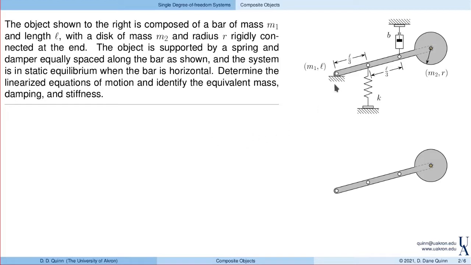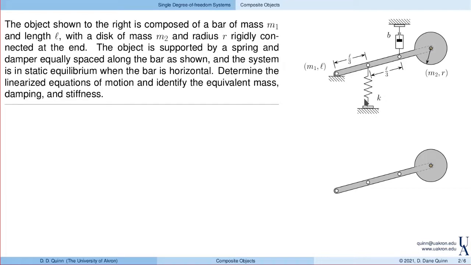Ultimately, I'm going to linearize the equations of motion here. So when I do that, it actually is the same as if I were to rigidly fix the end of this spring and this damper to the ground so that they started off in the vertical position. But as we go along with the modeling, we'll see where that comes in.